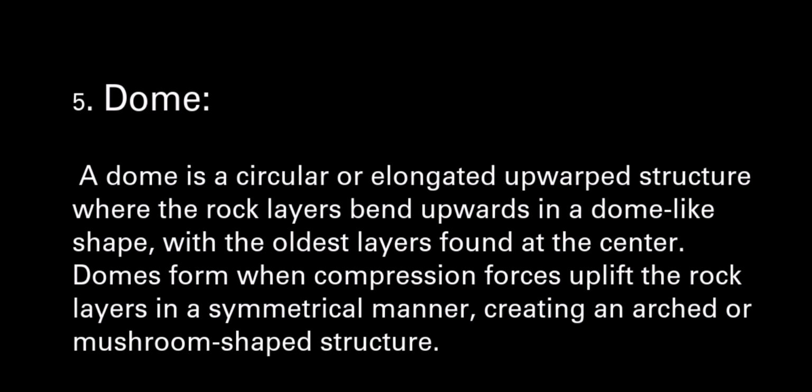Dome. The definition of a dome is a circular or elongated upward structure where the rock layers bend upward in a dome-like shape with the oldest layer found at the center. Formation. Domes form when compression force uplifts the rock layers in a symmetrical manner, creating an arched or mushroom-shaped structure.